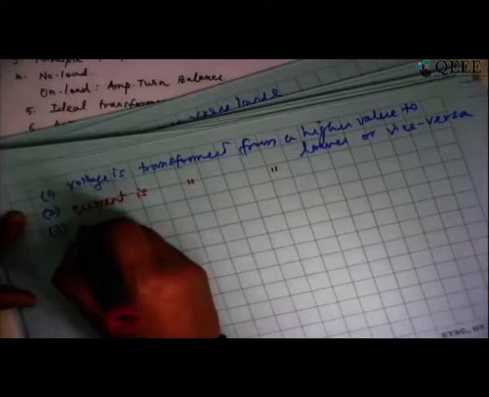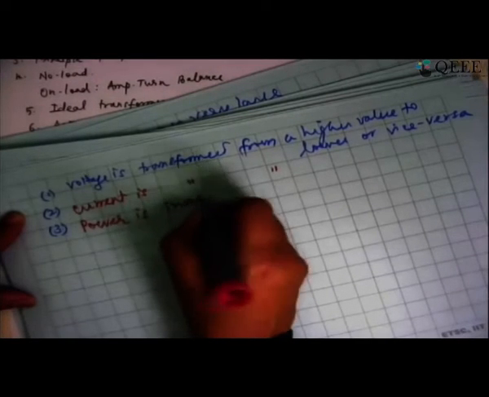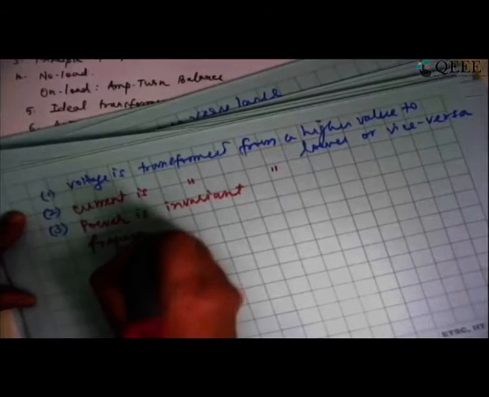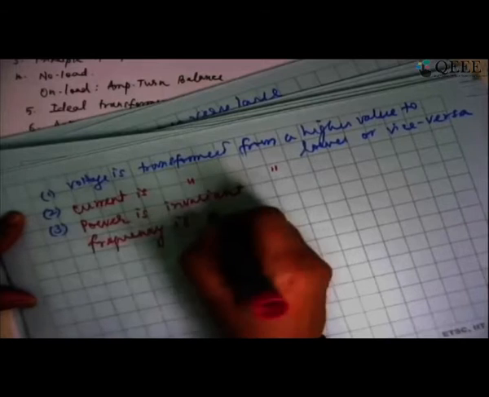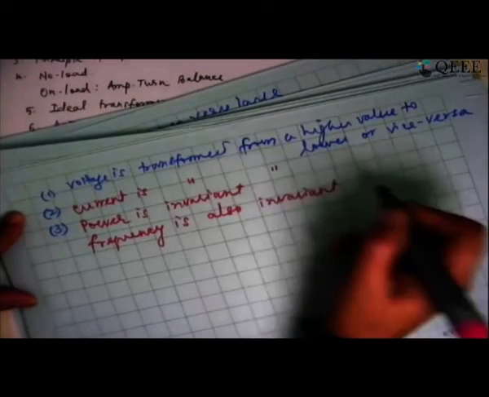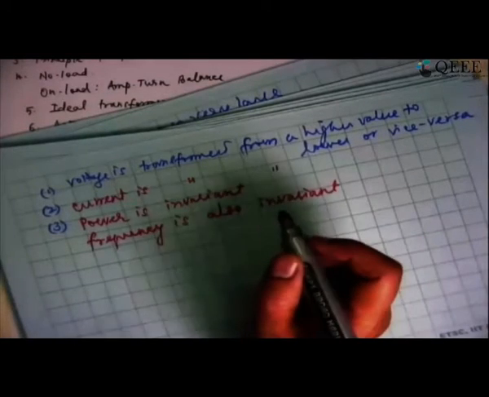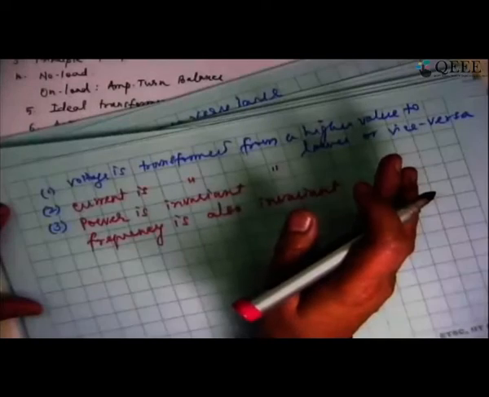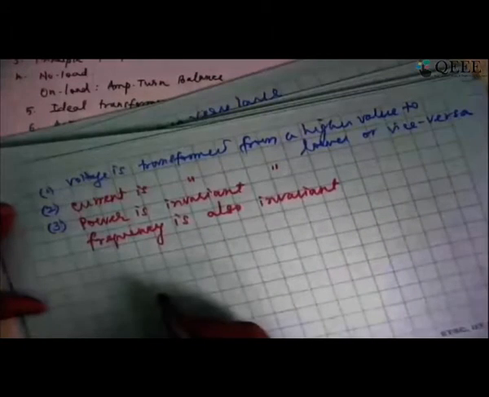And power is invariant. Frequency is also invariant. So this summarizes the transformer action under no load as well as load condition, provided I am looking at it as an ideal transformer.